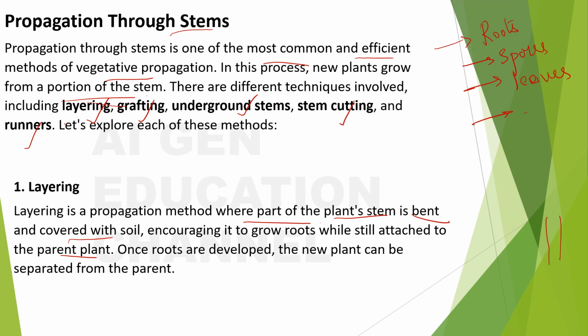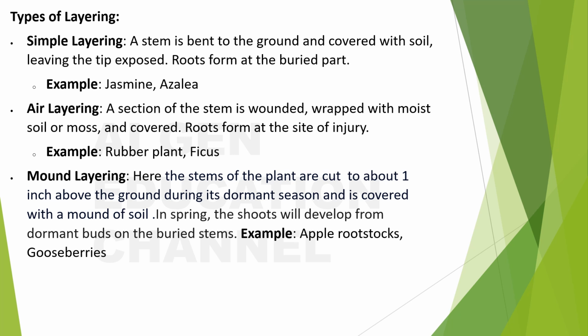You will bend the plant stem, and after it is bent, you will cover it with the soil. It's like you will bend it like this, okay, and you will cover it with soil, and here the roots will develop, okay, and after that you just cut it, so that this will grow into individual plant, right? This method is called as layering.